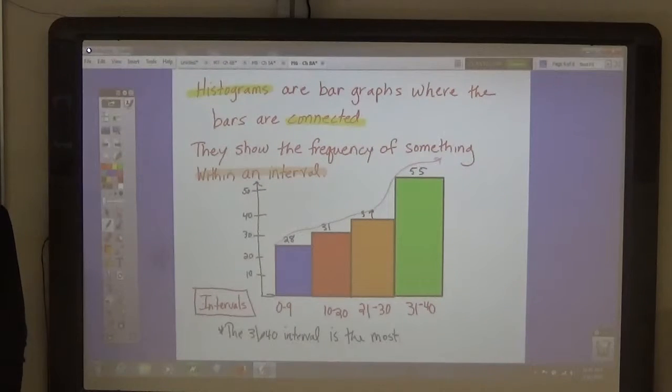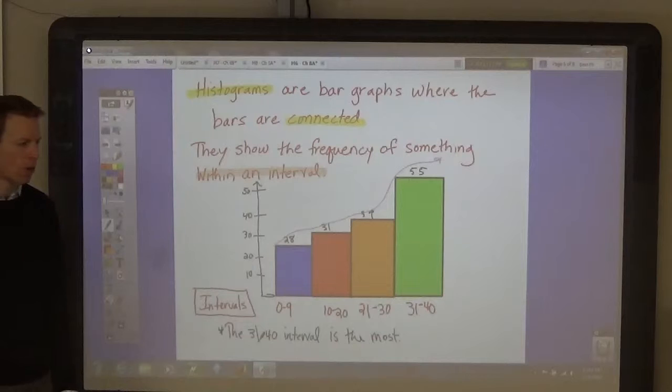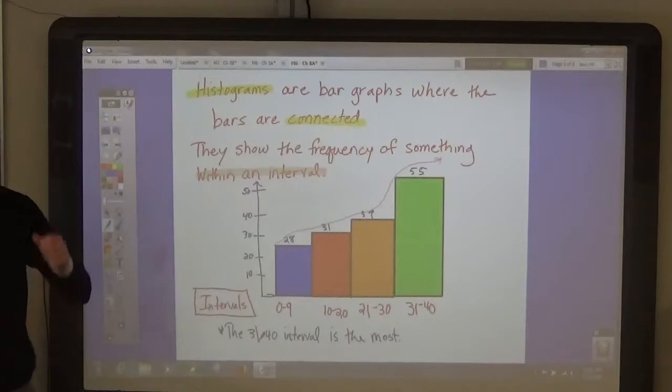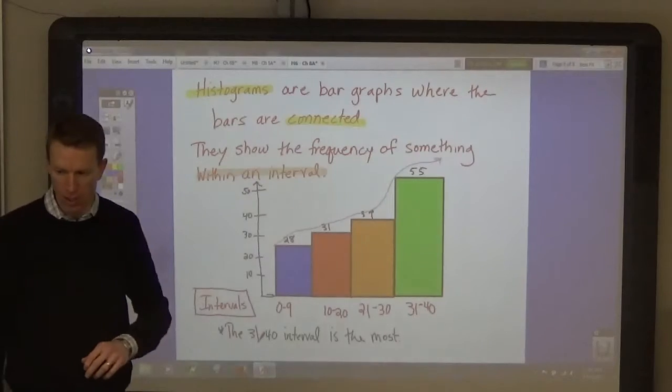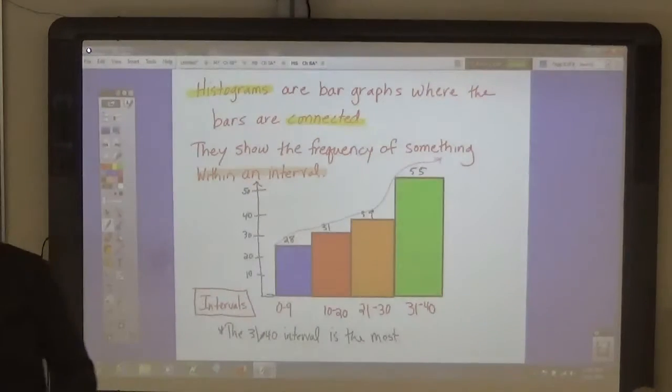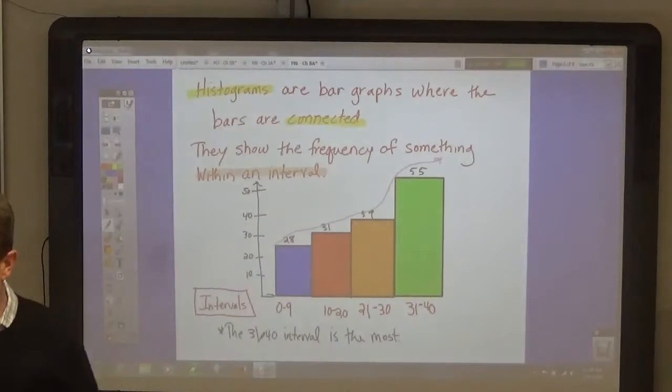So, the number of hours of TV per week. How many are in the 0 to 4 range? How many numbers are in the 0 to 4 range on page 230? Using this list of numbers, how many are in the 0 to 4 range?